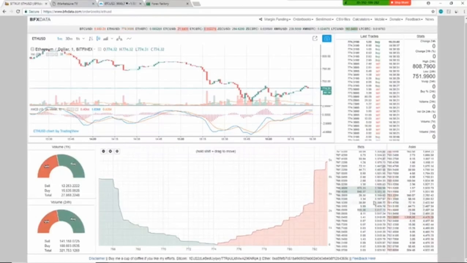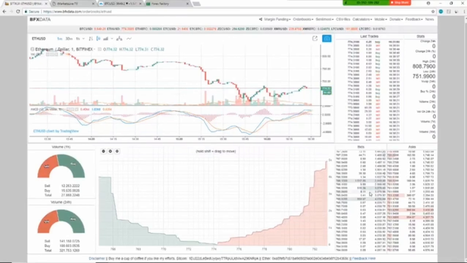This algorithm right now that we see controlling the orders around $766 and $781, this could very well be the same person that has a lot of Ethereum at their disposal, ready to trade. They're still potentially accumulating a greater quantity within their position, but in a sense, they have control over the price.